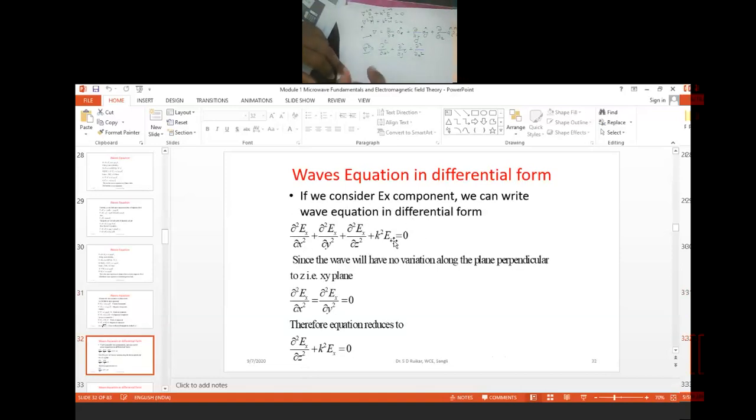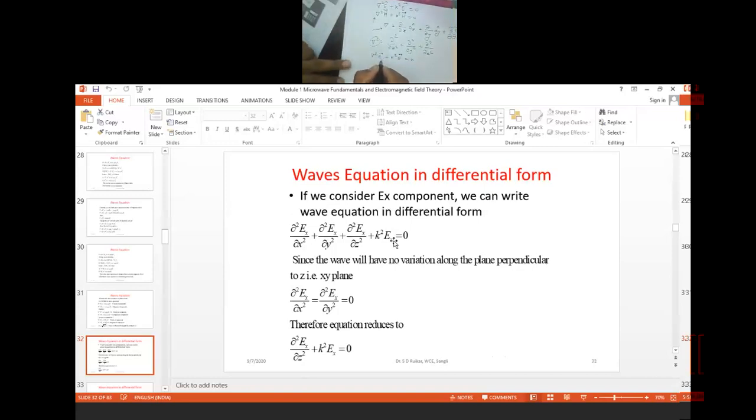Now you can see in the PPT it is written in terms of the electric field vector component. Here our wave is propagating in the electric field, so del square E plus k square E is equal to 0.